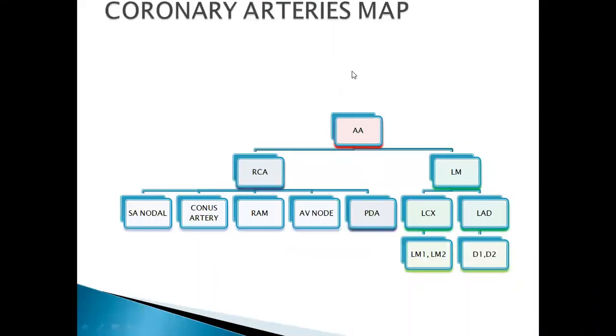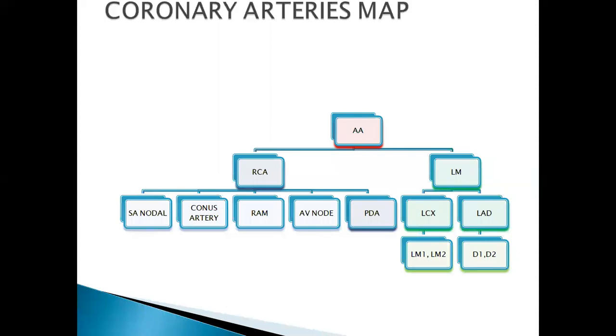This is just a map to show how the arteries are coming down from the ascending aorta. So it just gives you a proper idea. Remember, on the left side, you've got the left main coronary artery branching into the left circumflex and the left anterior descending artery. Then there are smaller branches that you may see. On the LAD, you've got the D1 or D2, or the diagonal artery.